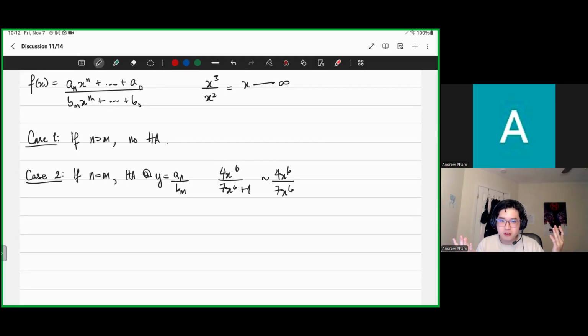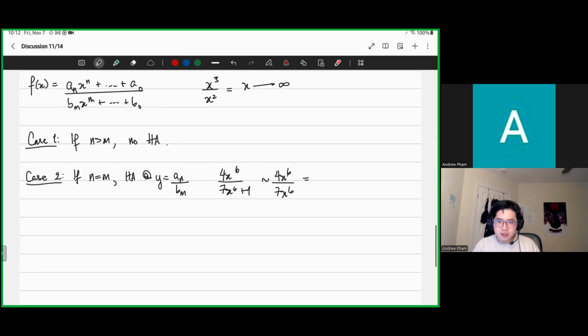Then the x to the 6 cancel, and you're left with 4 over 7, which is simply the ratio of the leading coefficients. The leading coefficient of the top is 4x to the 6, the leading coefficient of the bottom is 7x to the 6. So the HA will be at y is equal to 4 over 7 for this particular example.